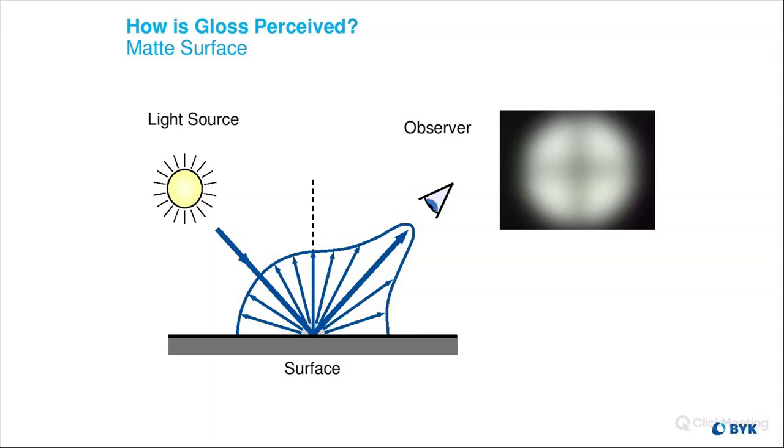Okay. How do temperature and humidity affect gloss during application, and what precautions should be taken to minimize these effects?